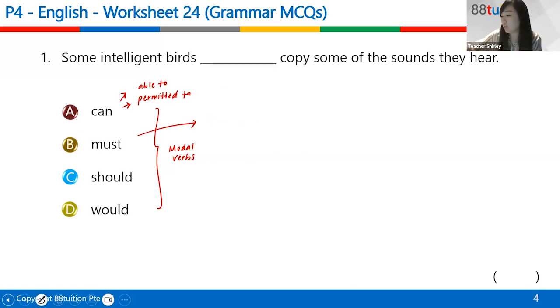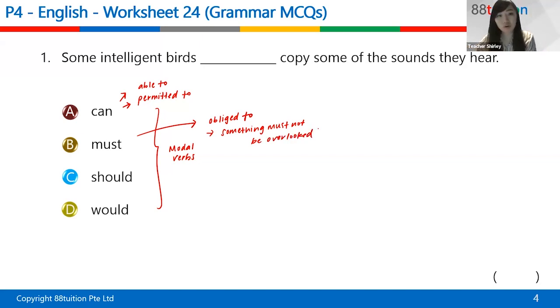So obliged means you can't say no, basically. Something must not be overlooked. It means that very likely you are supposed to be doing it.